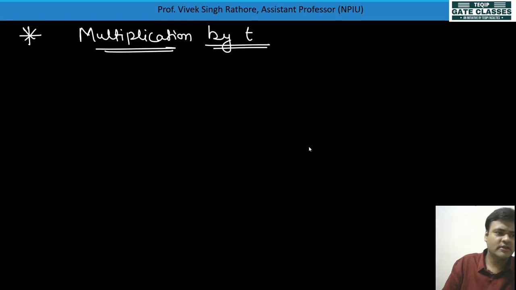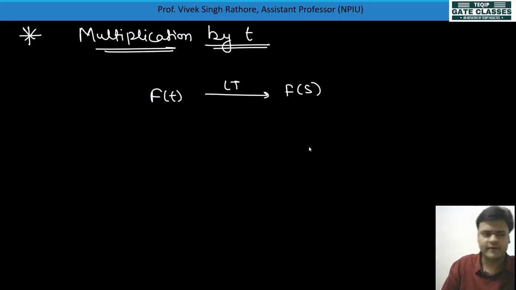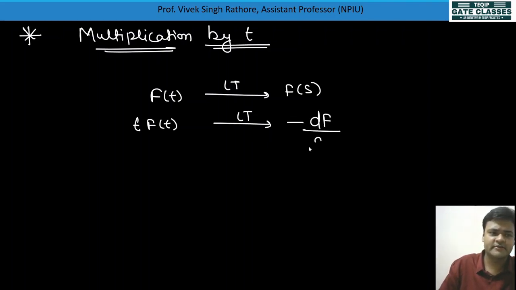So f of t is there, and if we take the Laplace transform, we'll get F of s. And then if we are multiplying t into f of t and take the Laplace transform, we will get minus dF by ds. This you need to remember. This is the property which is used in many questions also.